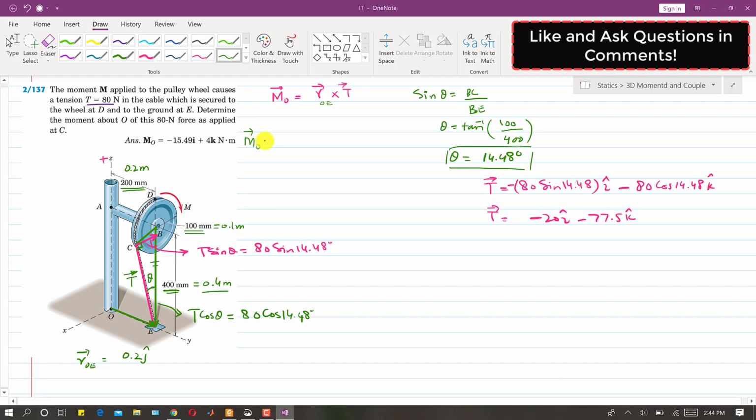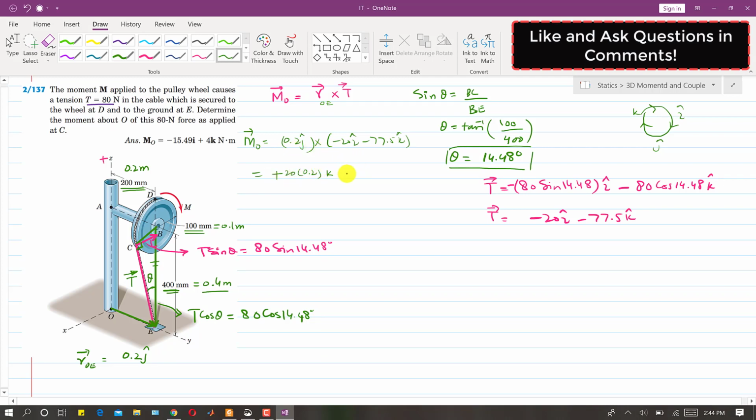So this is 0.2 j cross minus 20 i minus 77.5 k. If I draw this diagram again, with i, j and k: 0.2 into minus 20, so minus 20 into 0.2, and j cross i is minus k, so this will become plus.